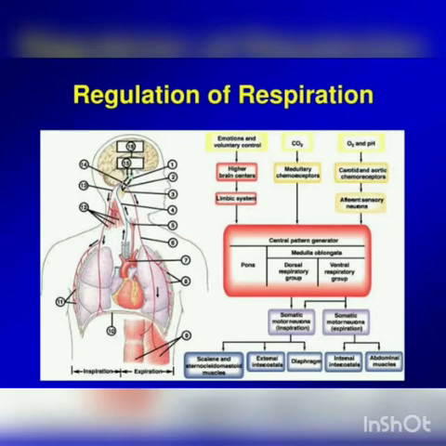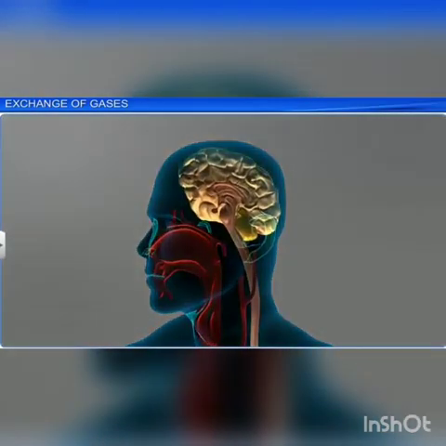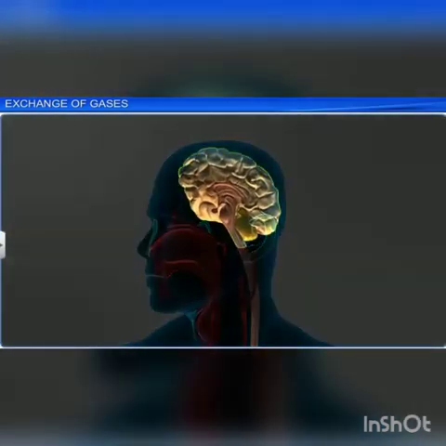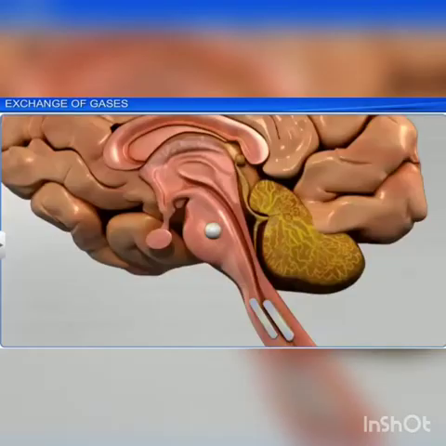Next is regulation of respiration. A specialized respiratory center present in the medulla oblongata of the hindbrain, called the respiratory rhythm center, is responsible for this regulation. There are 3 centers: the pneumotaxic center, the chemosensitive area and the receptor associated area.